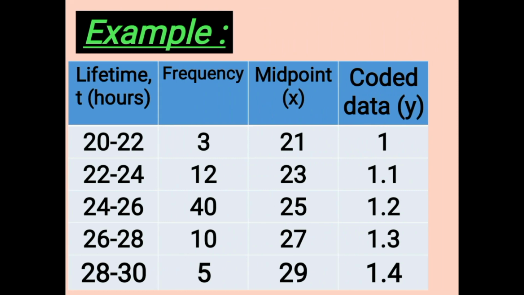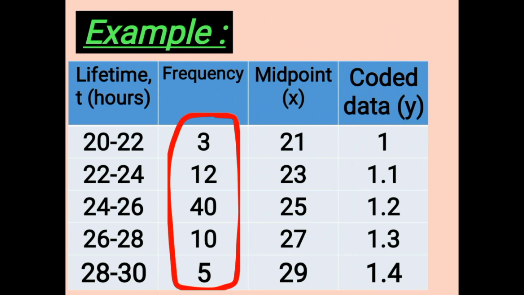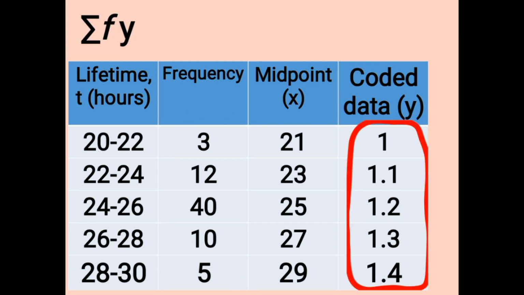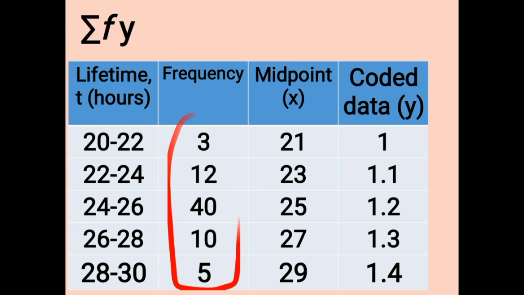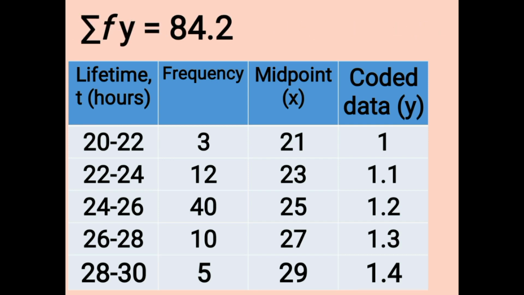Now first, let's find the sum of the products of the coded data values and their frequencies, that is sigma fy. Multiplying all the coded data values with their respective frequencies gives 3 times 1 plus 12 times 1.1 plus 40 times 1.2 plus 10 times 1.3 plus 5 times 1.4 equals 84.2.